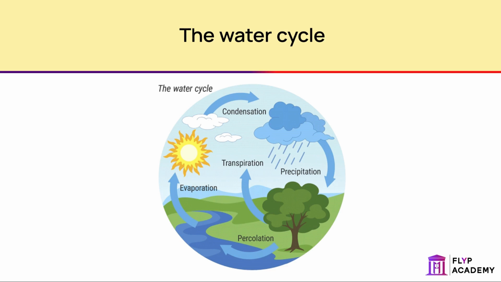These move in the wind and are pushed higher by landforms such as mountains. This causes the water to condense into bigger droplets and eventually fall as rain. This is called precipitation. This water flows in streams and rivers back to the ocean where the whole process repeats.